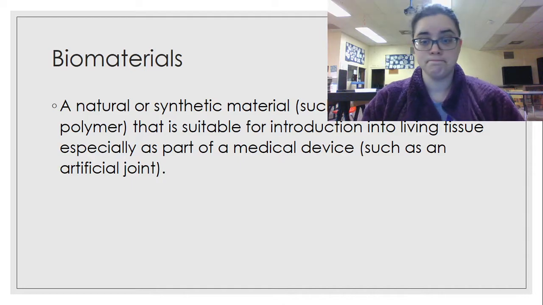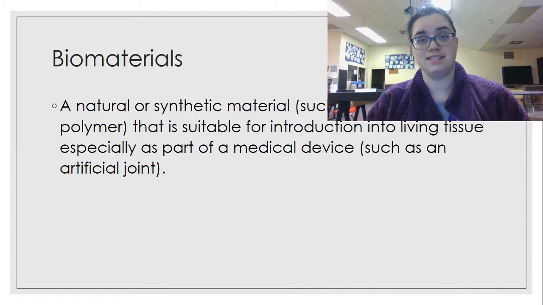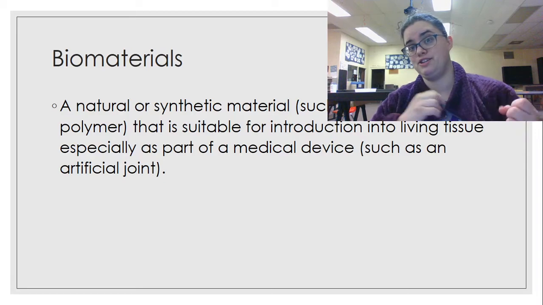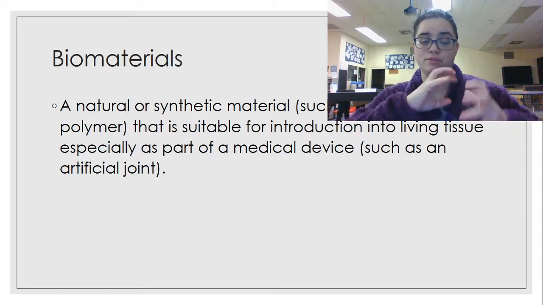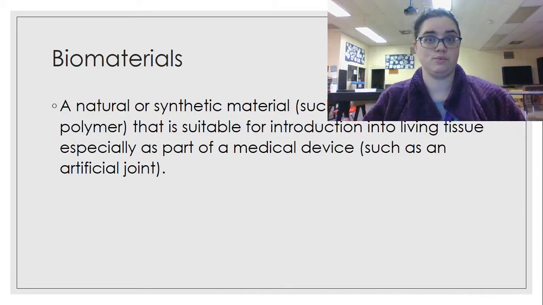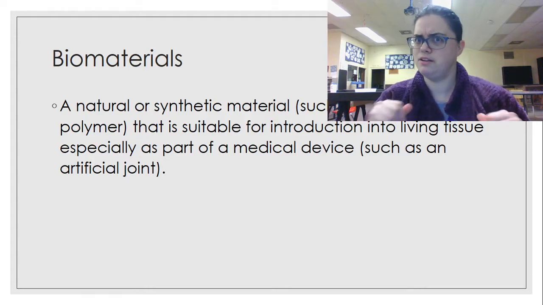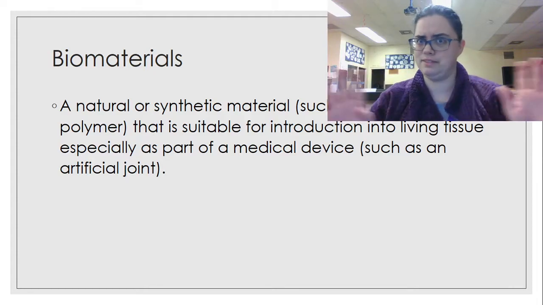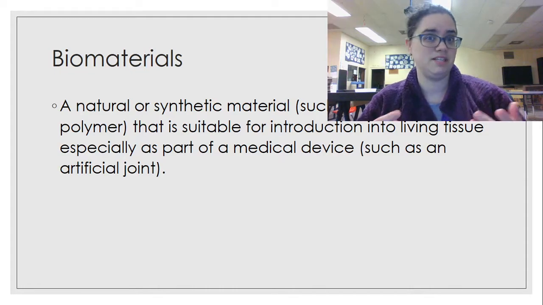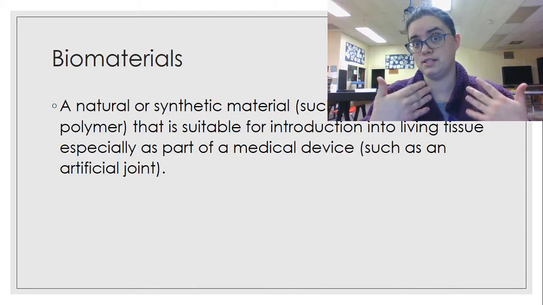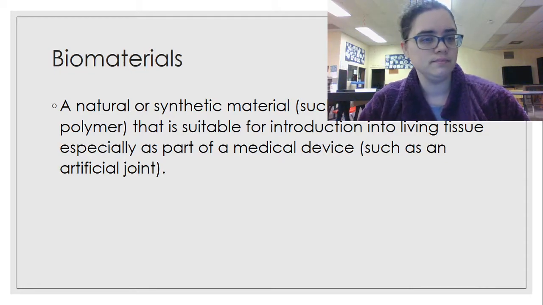Artificial joints, pacemakers, things like that. Stuff where you put it in the body, your body's not going to start rejecting it immediately and forming a calcified layer around it so that it doesn't work anymore. Because the body knows. The body's like, hey, that's weird, that's not supposed to be here. So biomaterials are things that your body will actually accept as part of the body.